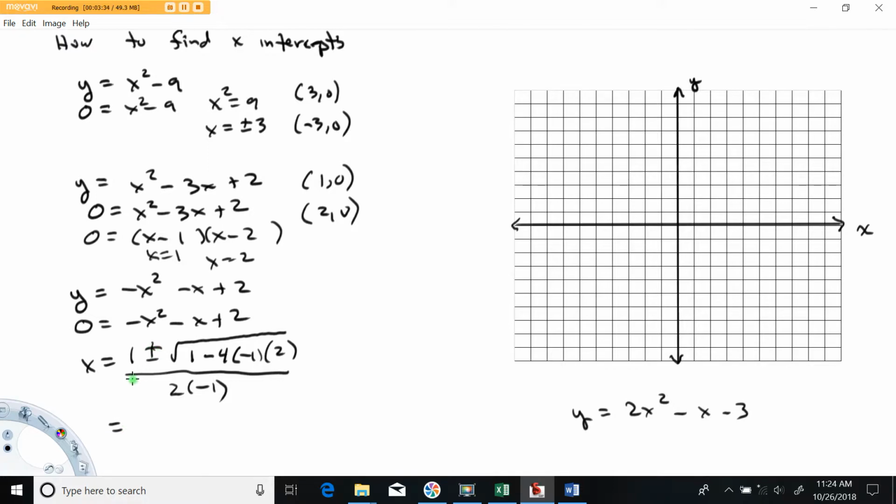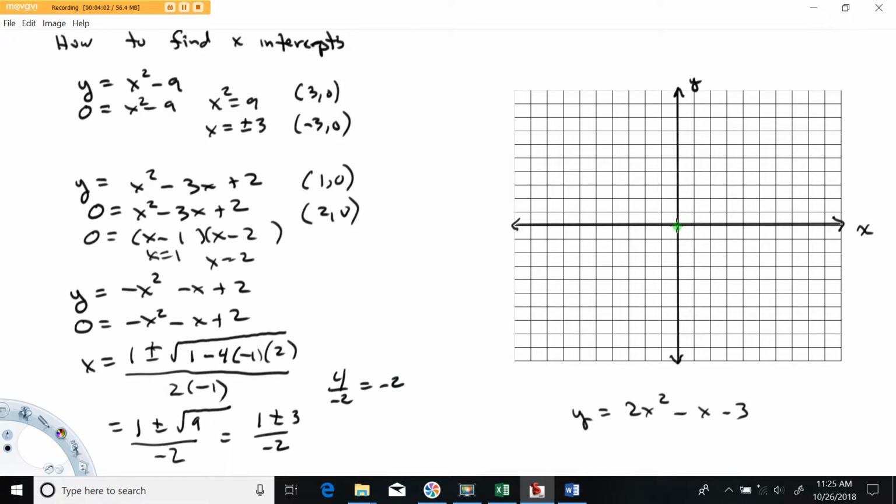Cleaning this up a little bit, 1 plus or minus the square root of, looking inside here, minus and minus is plus, and this product is 8, plus 1 is 9, over negative 2. So we're going to have 1 plus or minus 3 over negative 2. Now let's take them one at a time. 1 plus 3 is 4 over negative 2. That's minus 2. So that's the point minus 2, 0.